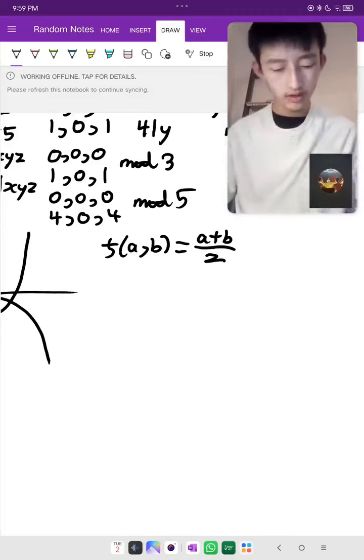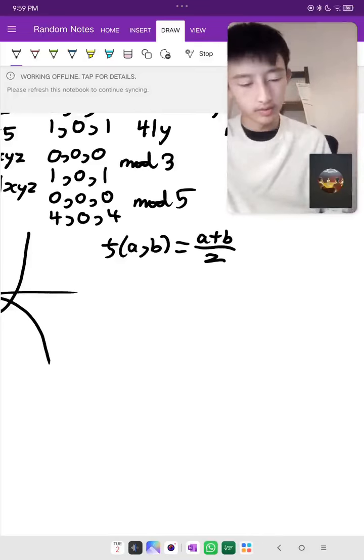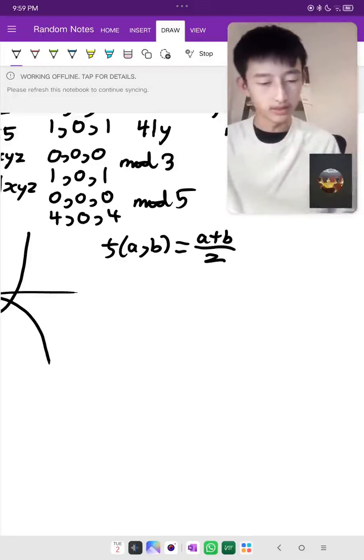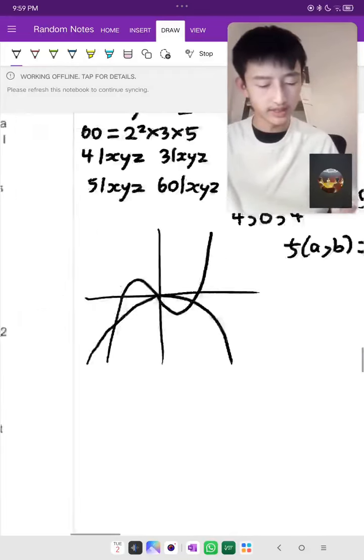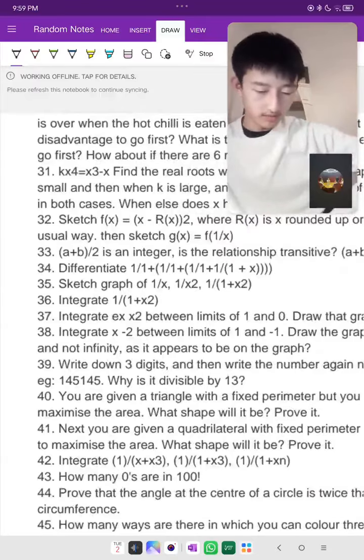I know the equivalence relation is transitive, because if a equals b and b equals c, then a equals c. But I don't see how I should be applying that to this. So I think I'm going to skip.